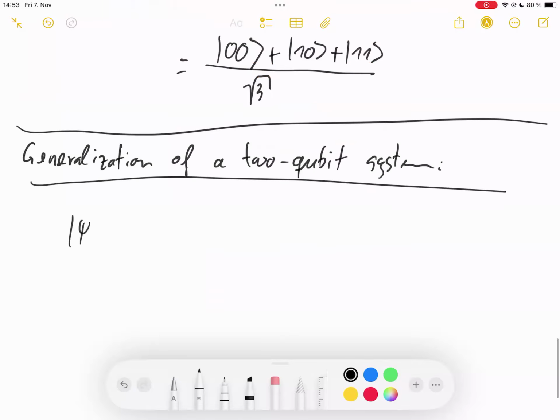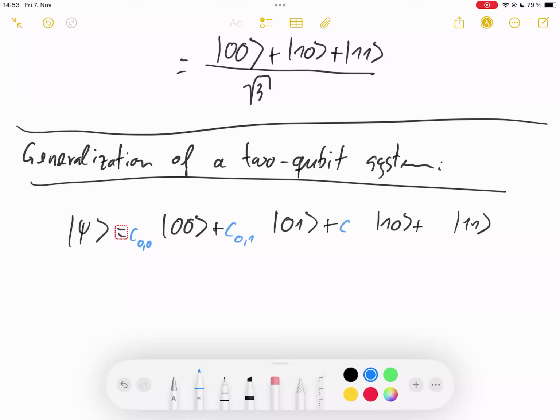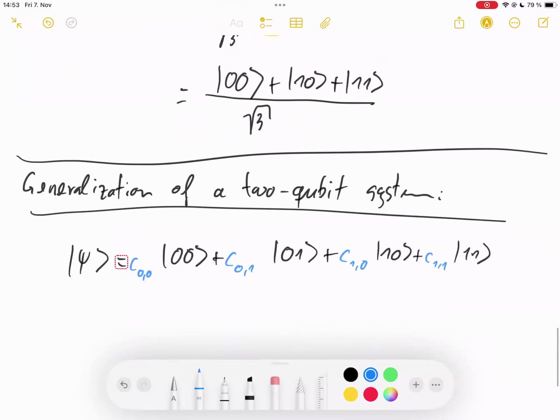We have a psi cat, and we have a 0, 0 cat, a 0, 1 cat, a 1, 0 cat and a 1, 1 cat. And we add these factors, which are our probability amplitudes, complex ones: C00, C01, C10, and C11. This would be just a more generalized description of our two qubit system.